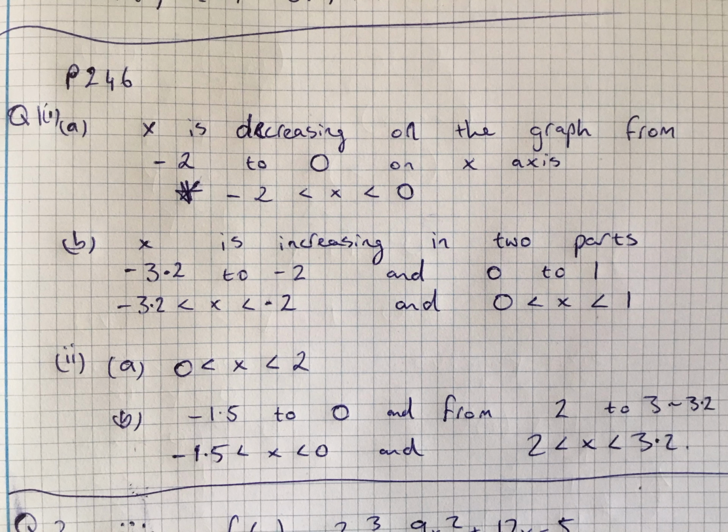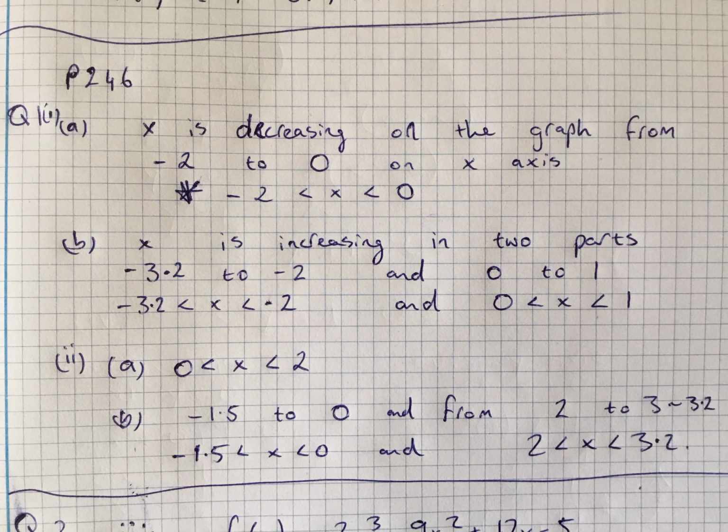Now it is increasing in two parts, as I've written here. If you look at your graph and the question, you can see that it increases in two parts, from -3.2 up to -2, and from 0 to 1. Where I've put the little star for part A is the way we'd usually write our answer: -2 is less than x and x is less than 0.